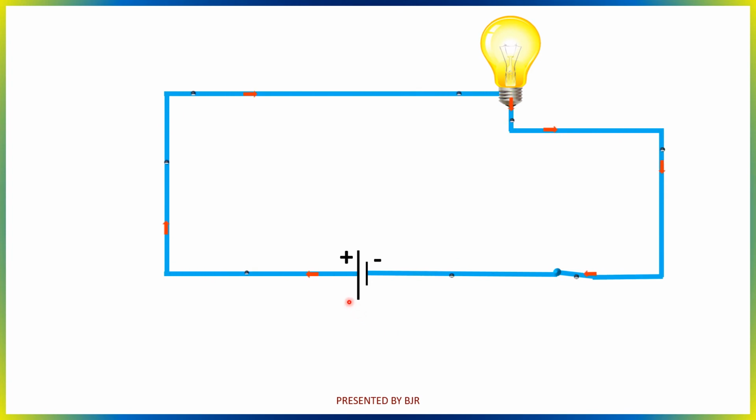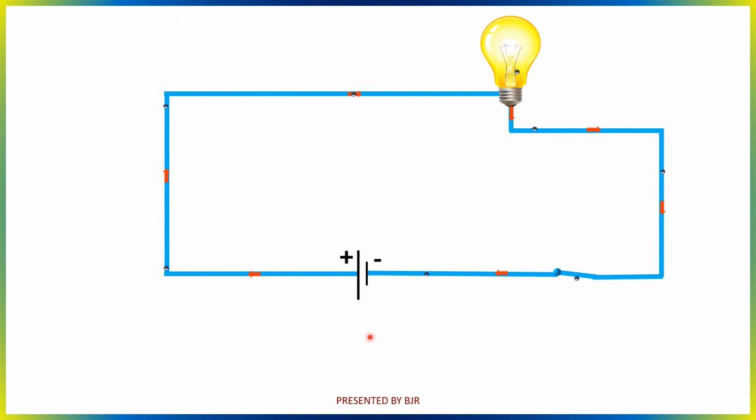Actually, inside the conductor, only electrons are flowing. But here I am taking the direction from positive to negative terminal according to the potential difference. Here this terminal is at higher potential and this terminal is at lower potential. We know that heat flows from a point of higher temperature to a point of lower temperature.